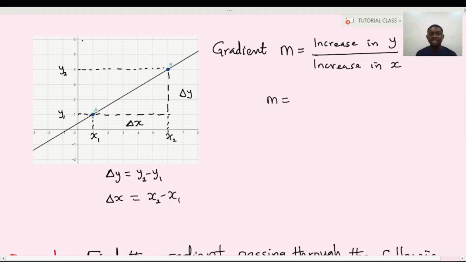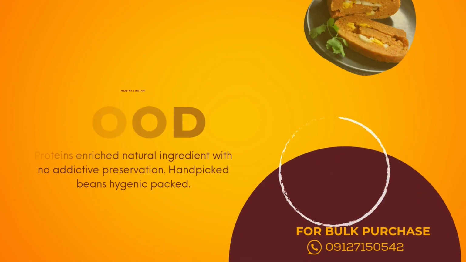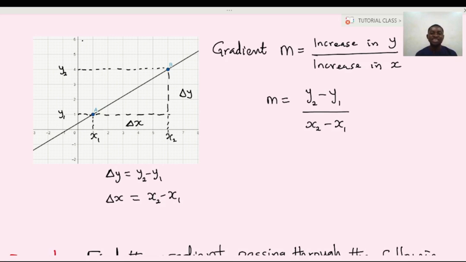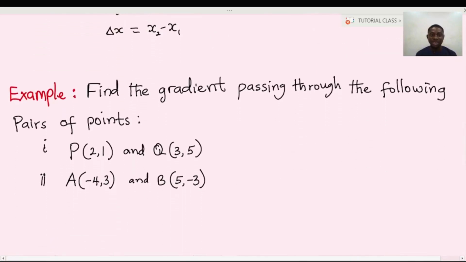Hence, the gradient of a straight line is mathematically expressed as (y2 minus y1) divided by (x2 minus x1). Simply put, the gradient of a straight line is the ratio of increase in y to increase in x. So understanding that concept, let's take a look at some examples here.